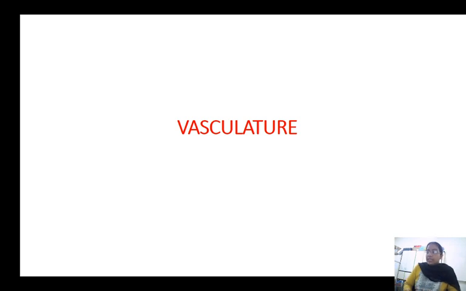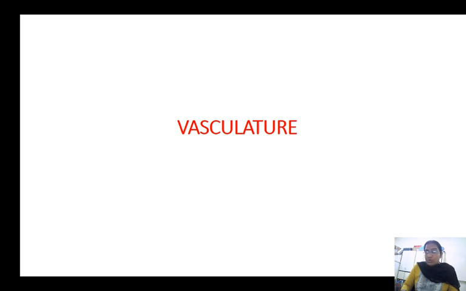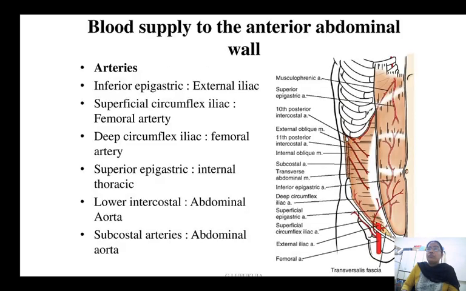Yes, that is about the muscles external oblique, internal oblique and transverse abdominis with their origin and insertion. Coming to the blood supply of these three muscles, they are supplied by the superior epigastric artery, which is a branch of the internal thoracic artery or internal mammary artery.